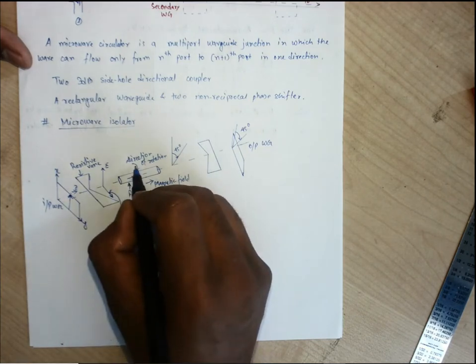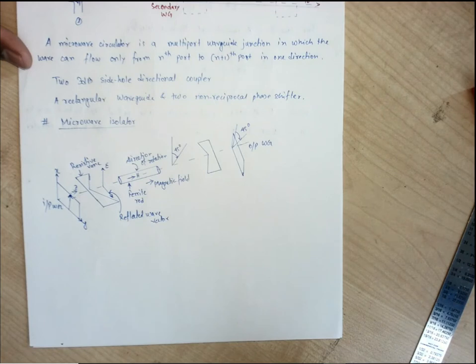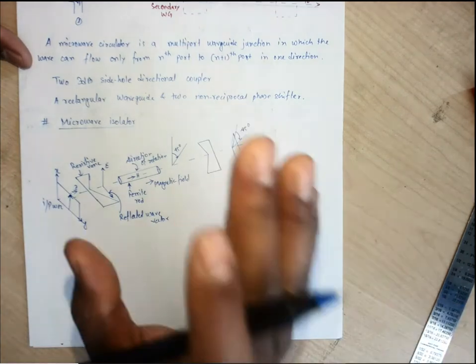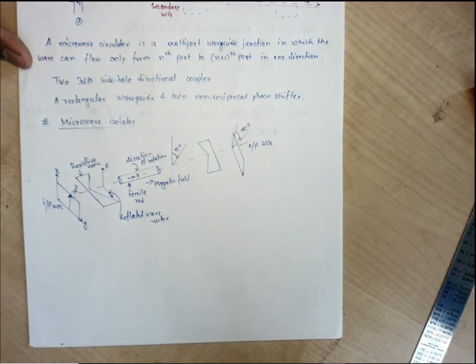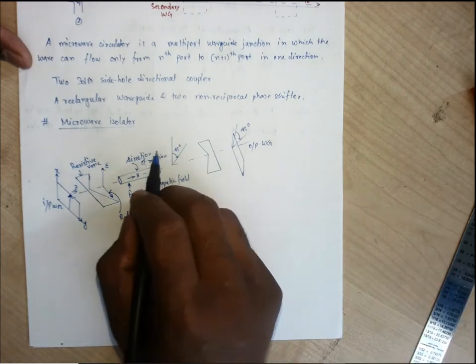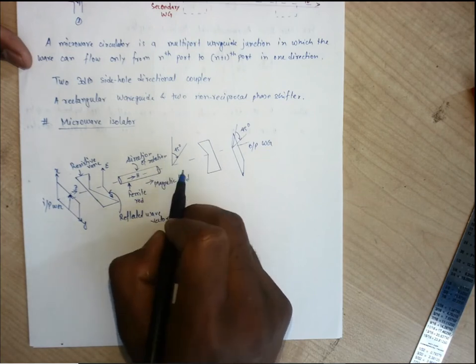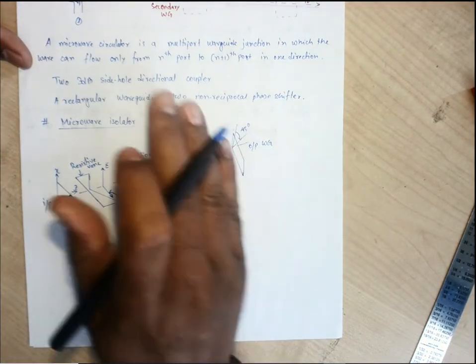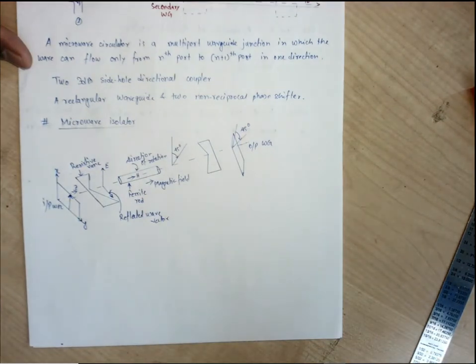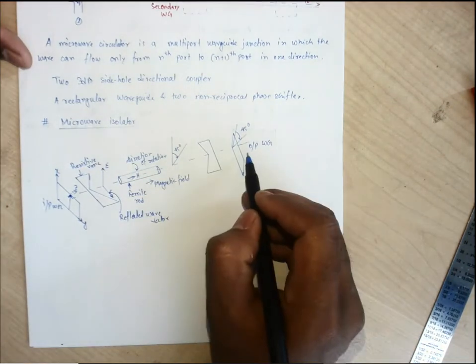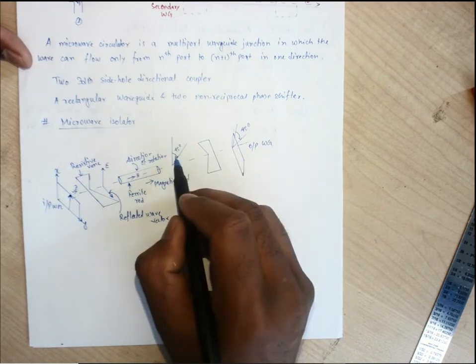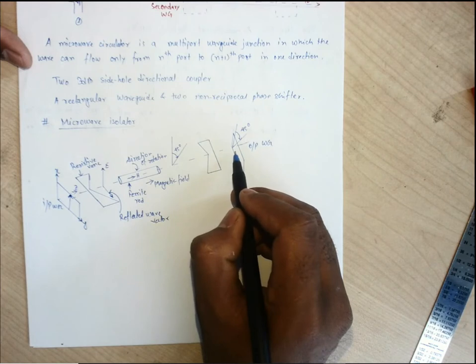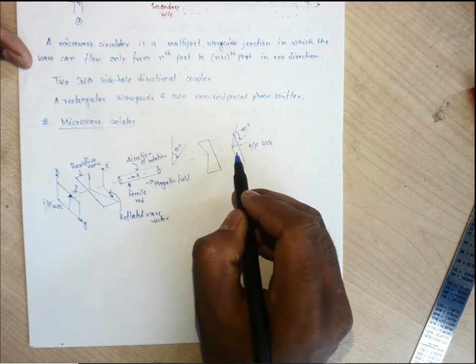Now while it goes inside this ferrite rod, it produces a 45 degree rotation. So it is again going in the 45 degree direction. This output waveguide is already tilted at 45 degrees, so it supports this wave, which is by default at 45 degrees. So while it goes to this output port, it is again aligned with this output waveguide.